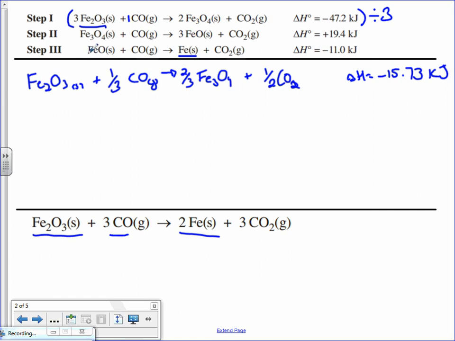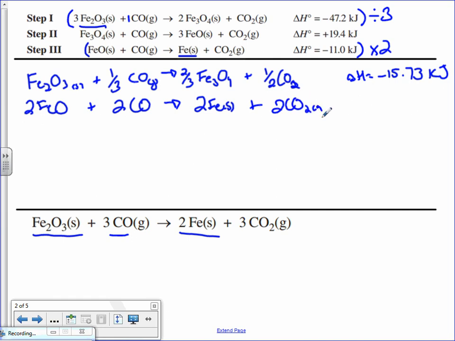So for this one, we're going to multiply everything by 2. So we're going to double everything. So I'm going to get 2 iron oxides plus 2 carbon monoxides and 2 solid iron plus 2 carbon dioxide. My delta H, I also have to double, so it's going to give me negative 22.